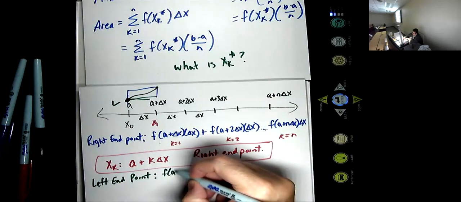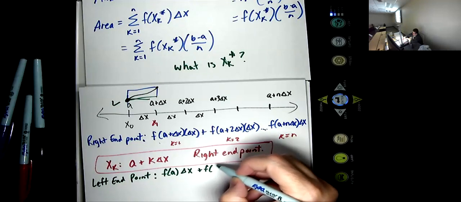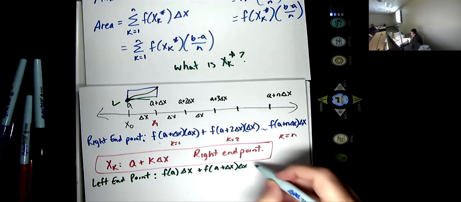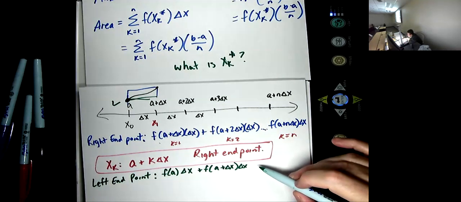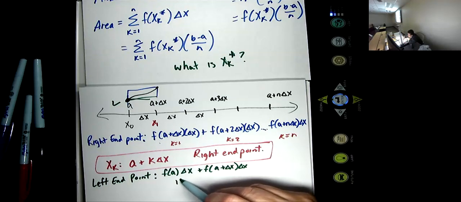F of A times delta x plus f of A plus delta x times delta x. So this is my first box.